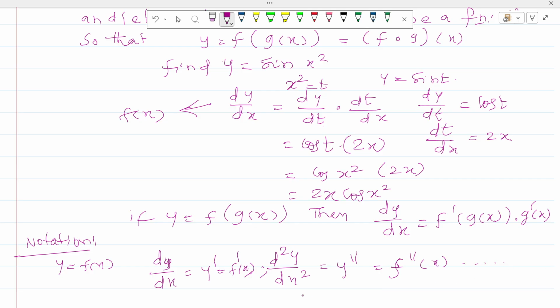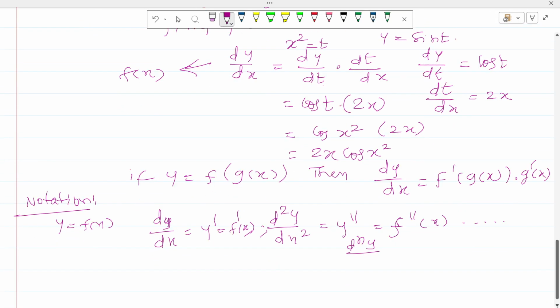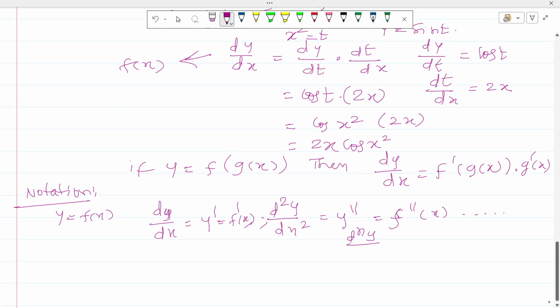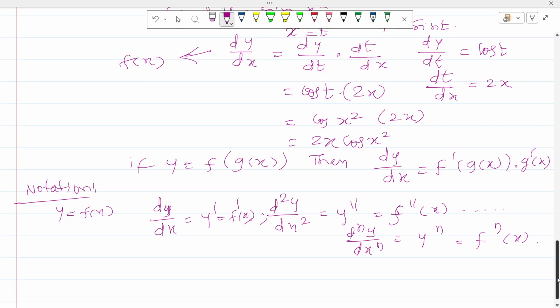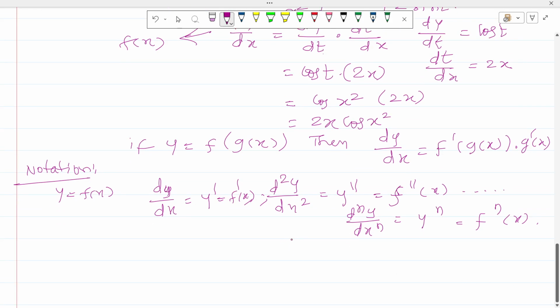Going on, d power n y divided by dx power n equal to yn. It is not y power n, it is yn. You have to pronounce it as yn equal to fn of x. y power n is different, yn is different. It is the order actually.